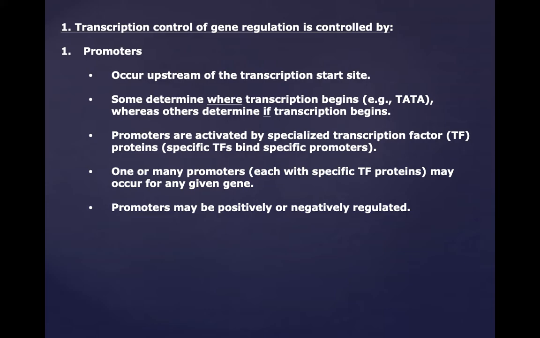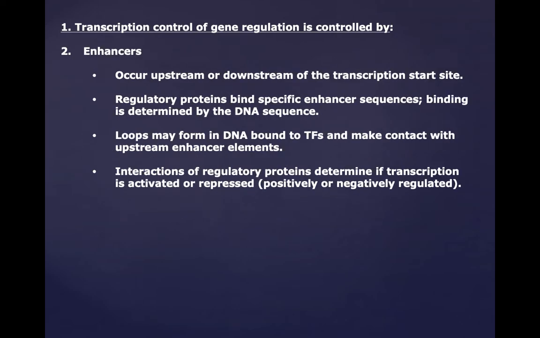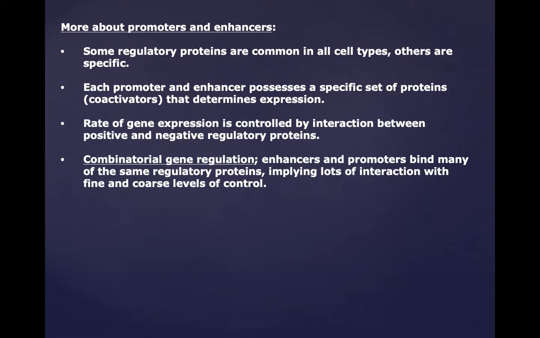We've reviewed elements such as promoters for both eukaryotes and prokaryotes, and enhancers. For these two important elements, we've introduced the idea of combinatorial gene regulation, where fine and coarse level control of gene expression is achieved by multiple interactions of promoters and enhancers for specific sets of structural genes.